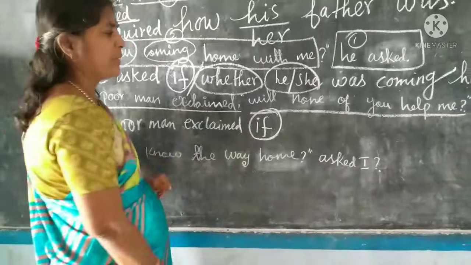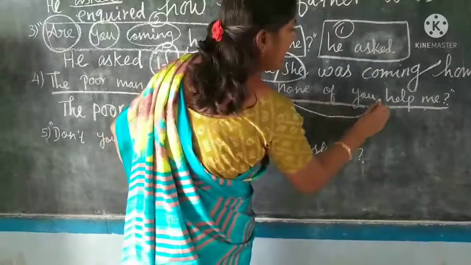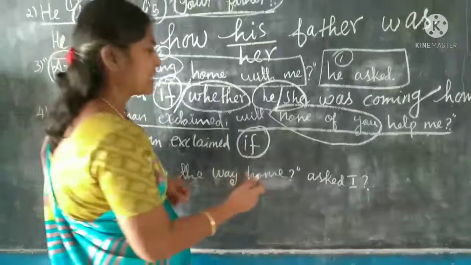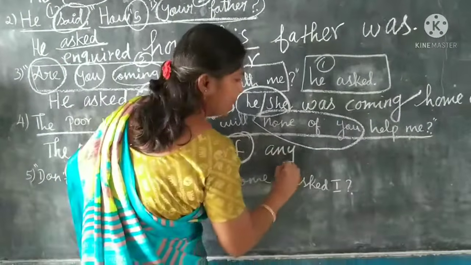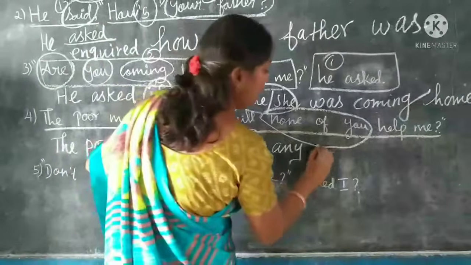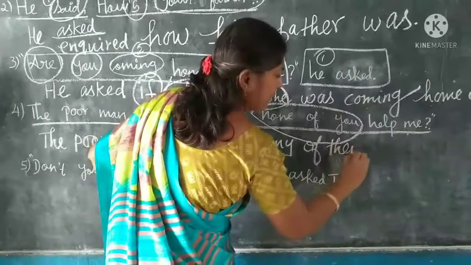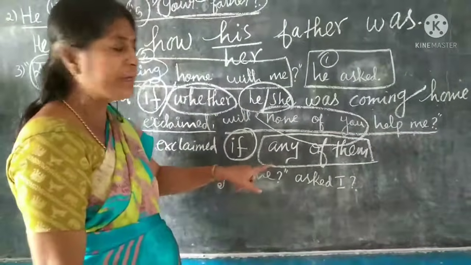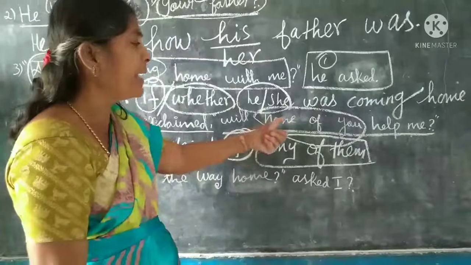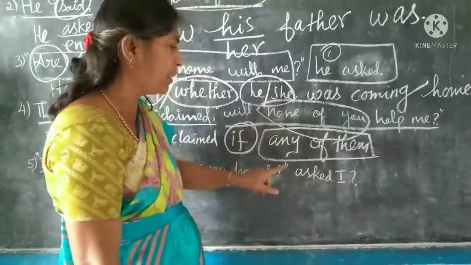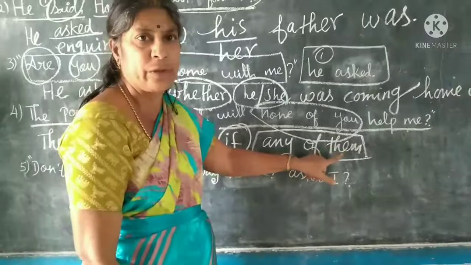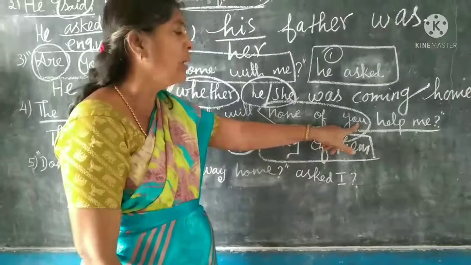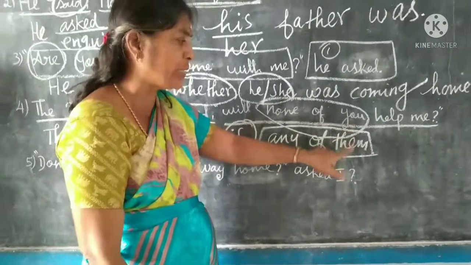The poor man exclaimed if. Next take the subject. None of you means no one. So he is asking anyone. None of you is changed into any of them, because the you refers to plural, so you change into them.